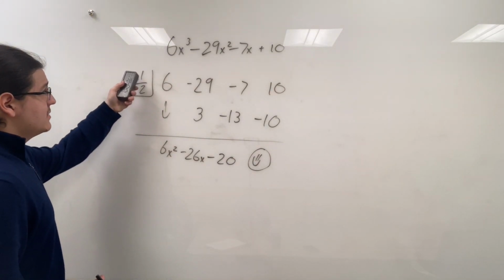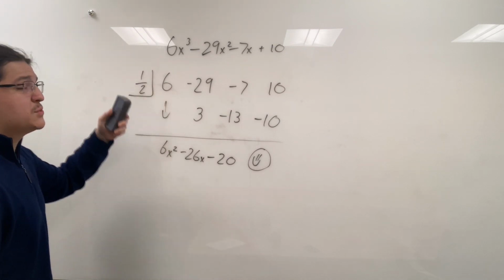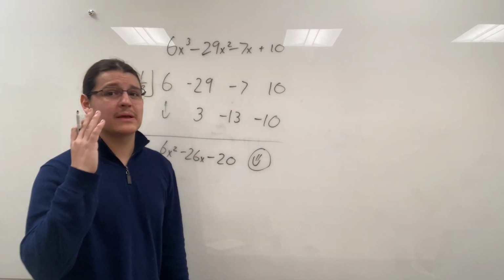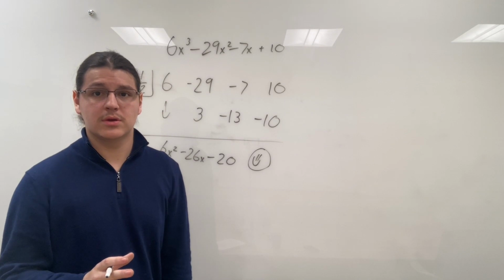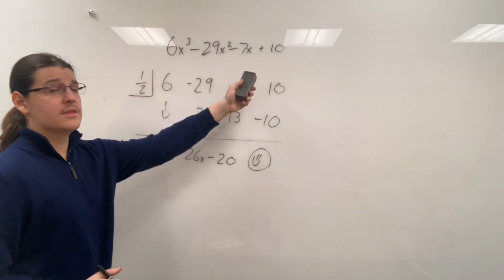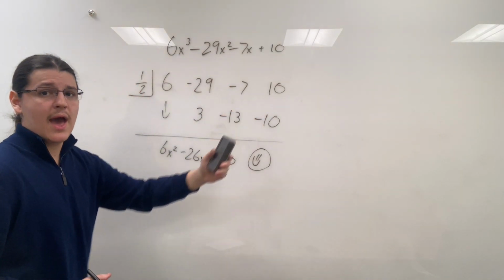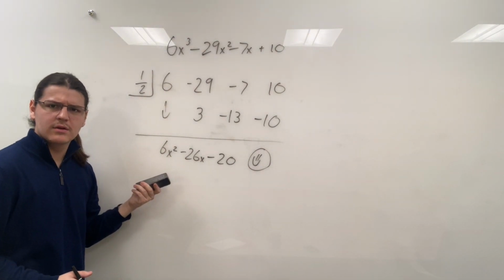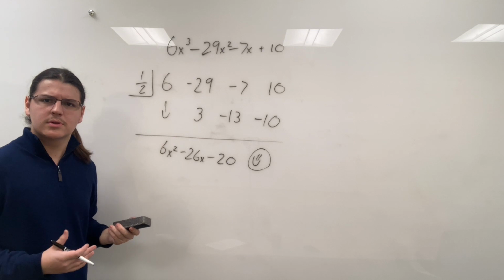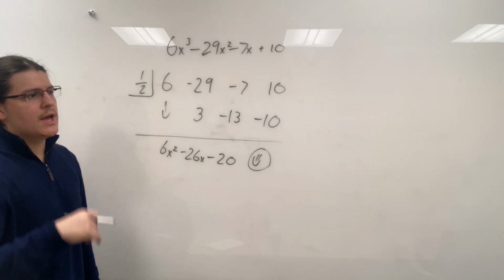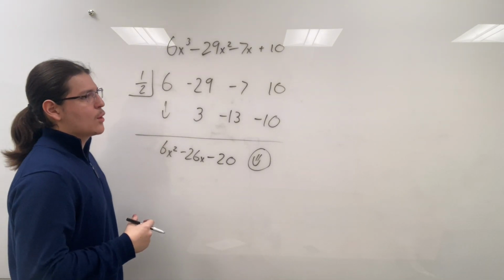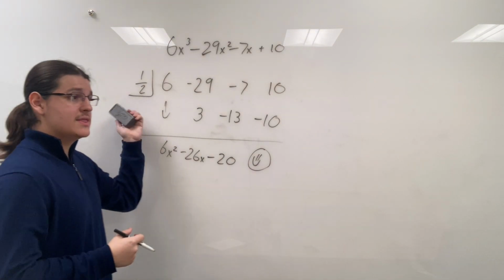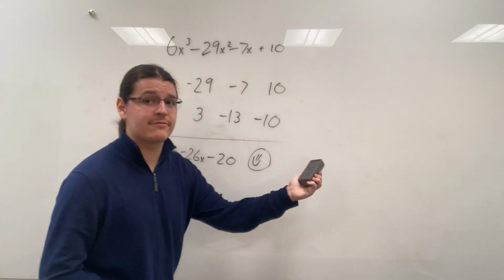We divided 2x minus 1 out of that, but we still have this 6 right here. How is that possible? If you don't remember, in long division, we ask how many times does this x term fit into that first term.